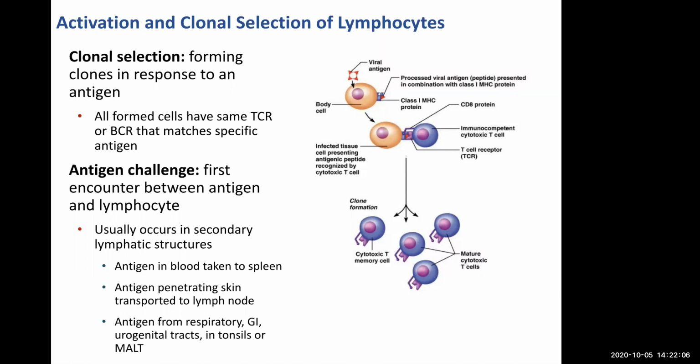A big part of that effector response is what we call clonal selection. So clonal selection is the production of a bunch of, in this case, B cells that are exactly the same, right? And as such, all of those cells will have exactly the same B cell receptor, and that B cell receptor is going to be designed to recognize exactly the same antigen, right?